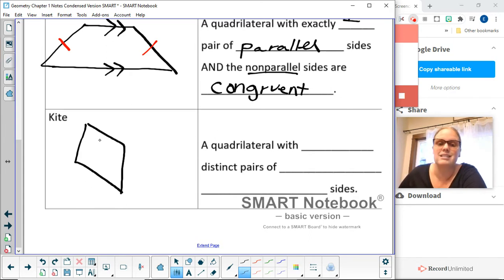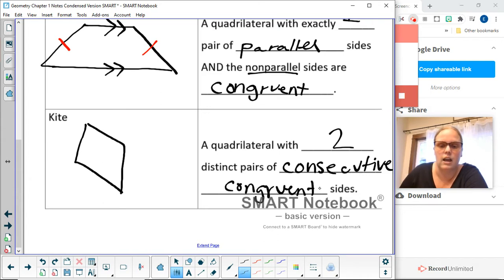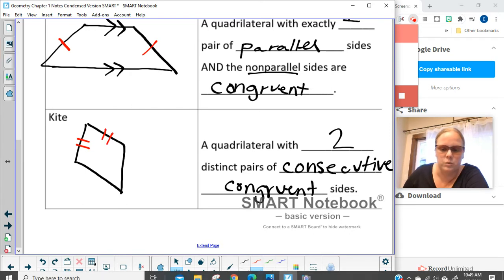So they are consecutive. So this is a quadrilateral with two distinct pairs of consecutive congruent sides. So the top two sides that are the shorter sides, we'll say, those ones are the same length, and I'll put the same marks in those two.